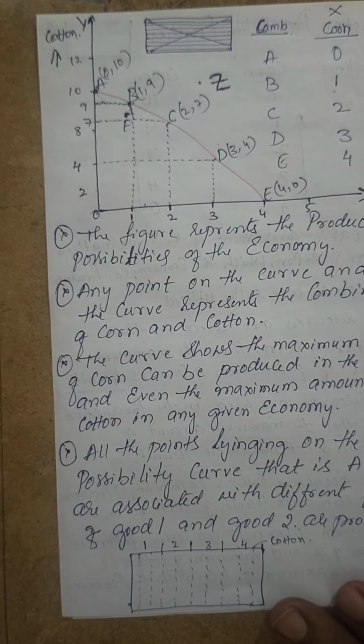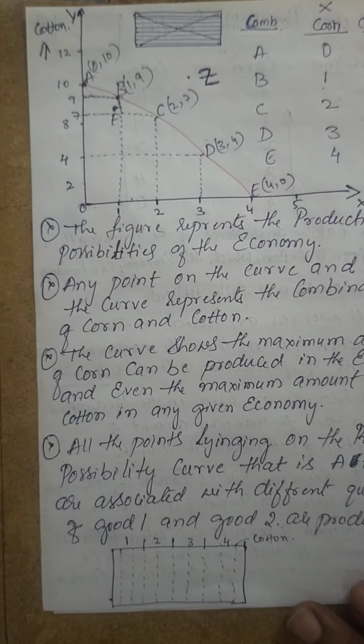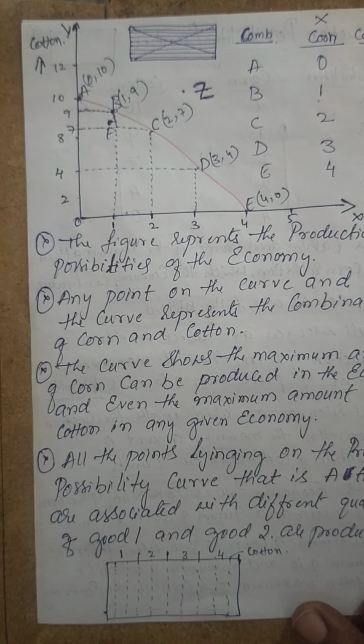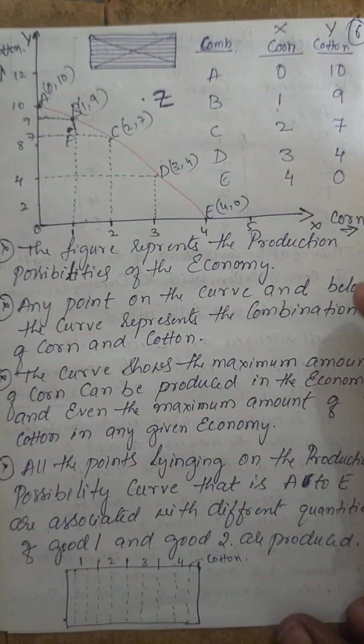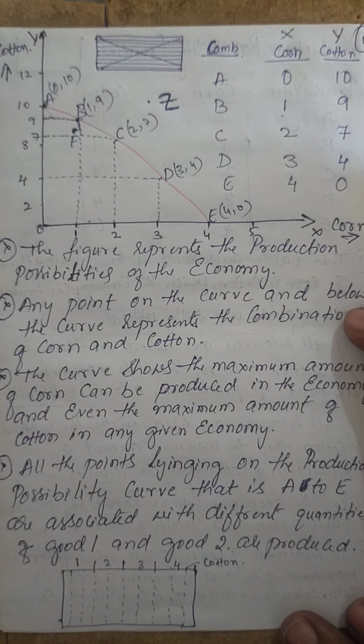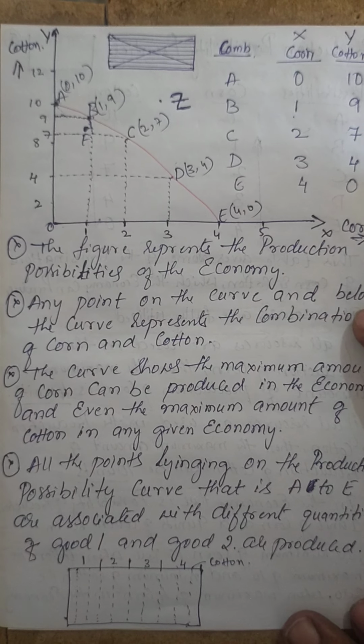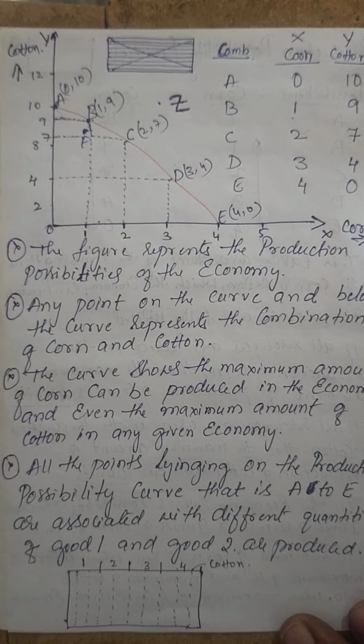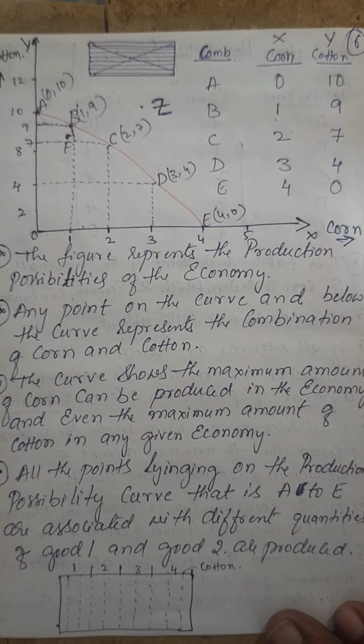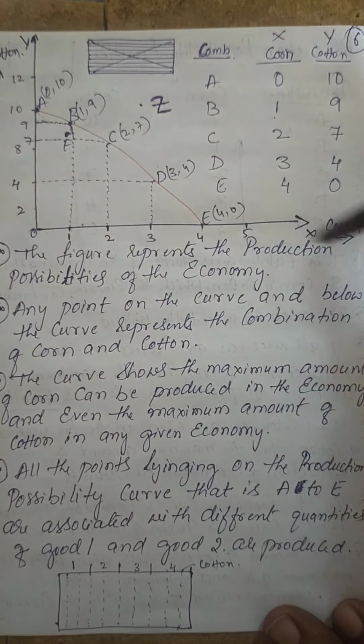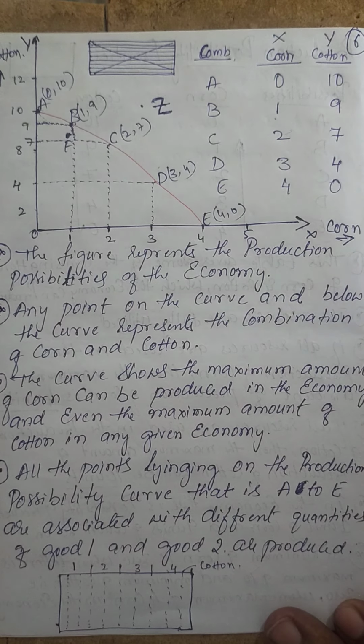Now the same thing we are going to observe in the production possibility frontier also. We also call it the production possibility frontier or production possibility curve. Here you have the x-axis and y-axis as the two axes.